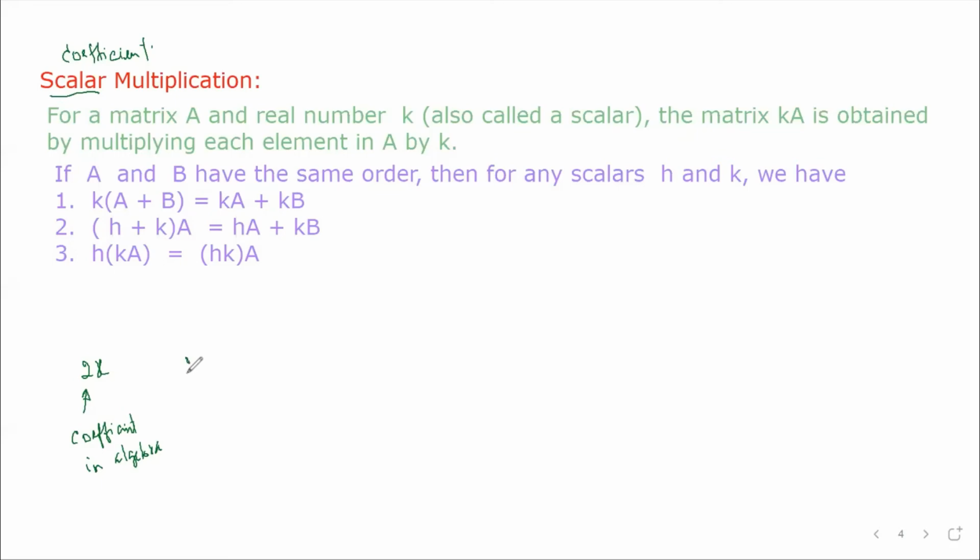But when you write 2A like this in a matrix, this 2 we call a scalar. The same position but a different name. In algebra we call this one coefficient and this one we call scalar.